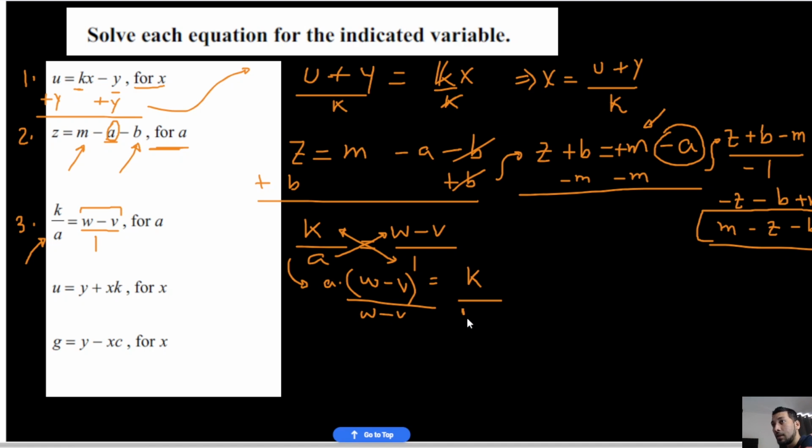So you divide by w minus v and we get a equals k over w minus v. This is how we solve this variable a. Again, when the selected variable is in the denominator, we just take a fraction on both sides and then do the cross multiplication. And if there is no fraction, we can just take 1 as the denominator.